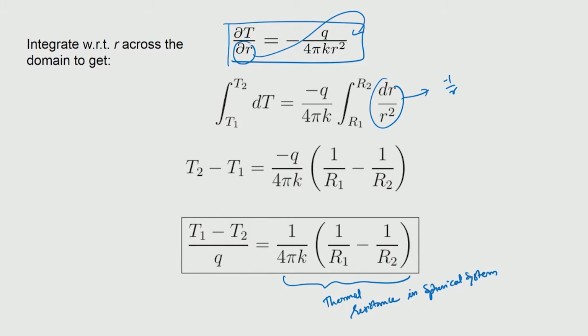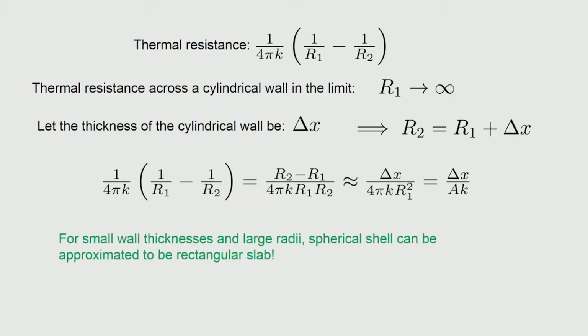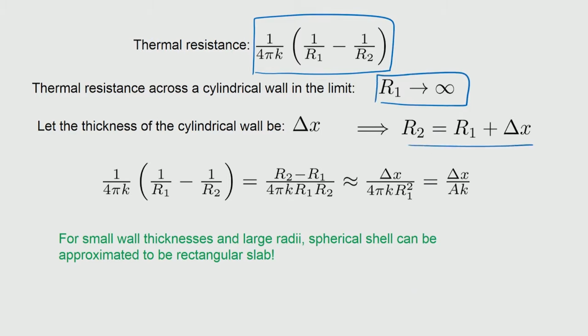Now, again like we did in the cylindrical coordinate system, let us inspect what happens when the inner radius of the spherical shell is very large. So, we take the thermal resistance expression and subject it to the limit of r1 tends to infinity, that is, a very large radius, which means that r2 can be written as r1 plus delta x, and r1 r2 can be approximated as r1 square.